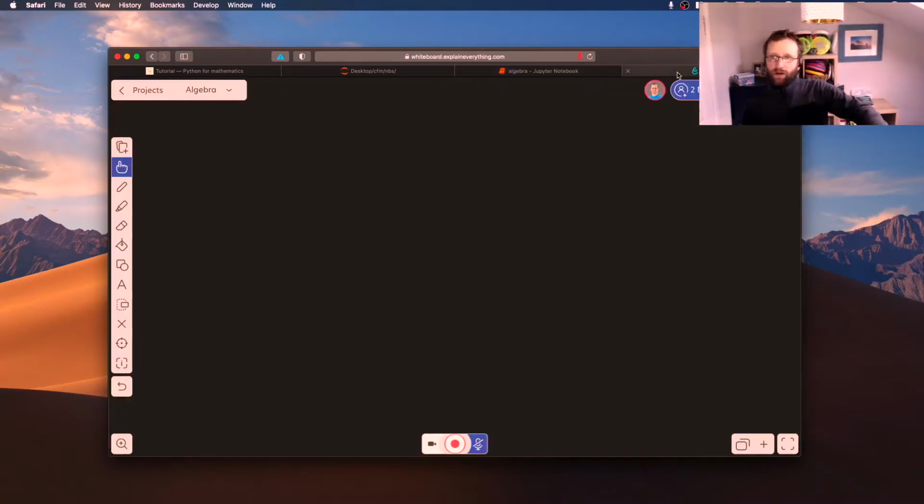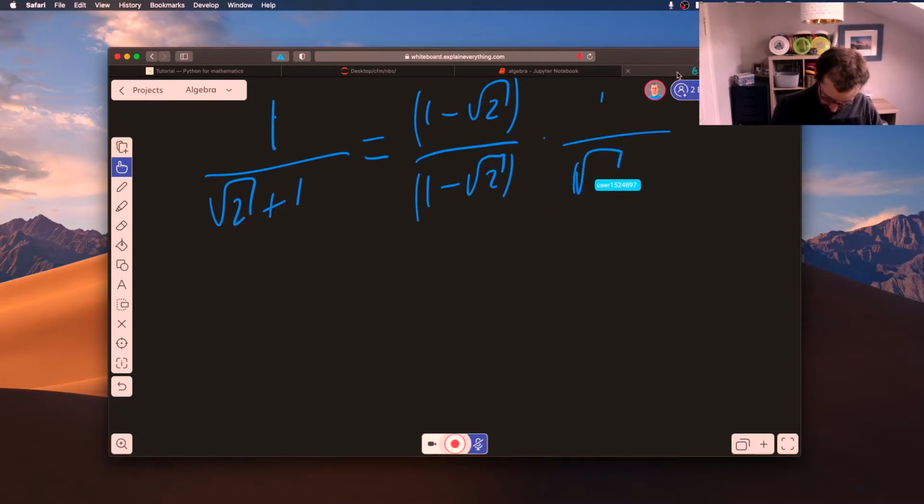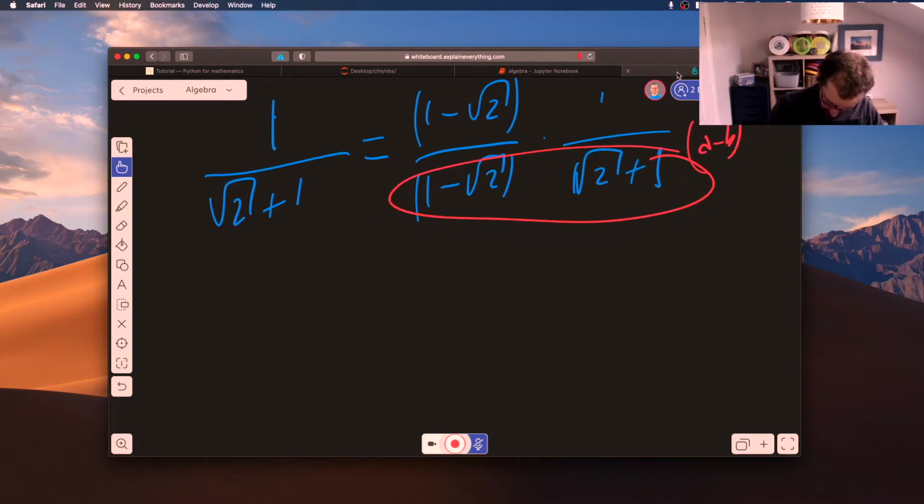So if I jump over to a whiteboard, or indeed a blackboard in this case, what we had is 1 over square root of 2 plus 1. And if we multiply both the top and the bottom by 1 minus square root of 2, in other words, multiply it by 1, this is just a minus b times a plus b.